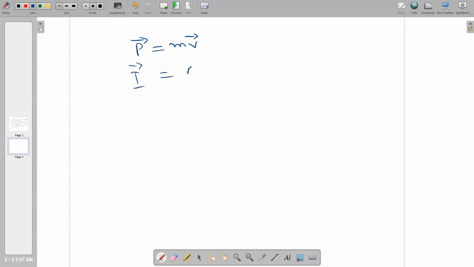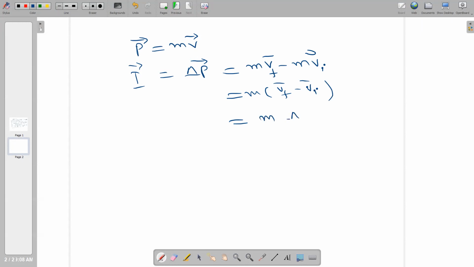Impulse is a change in momentum, and this is equal to mvf minus mvi, which is m times vf minus vi, that is delta V. So impulse has the same direction as the direction of change in velocity. This is very important when we solve the problems.